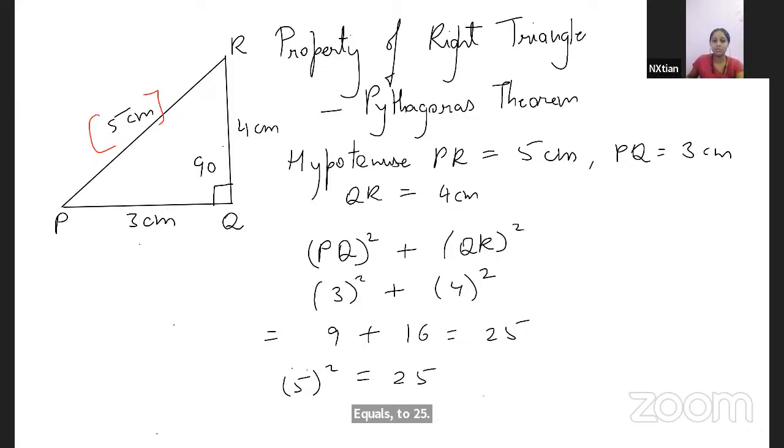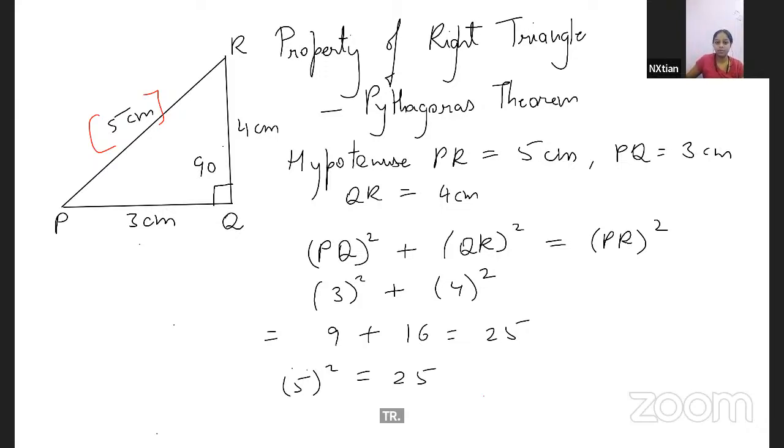So this theorem says that the sum of the squares of the other two sides is equal to the square of the hypotenuse. That is PQ square plus QR square is equal to PR square.